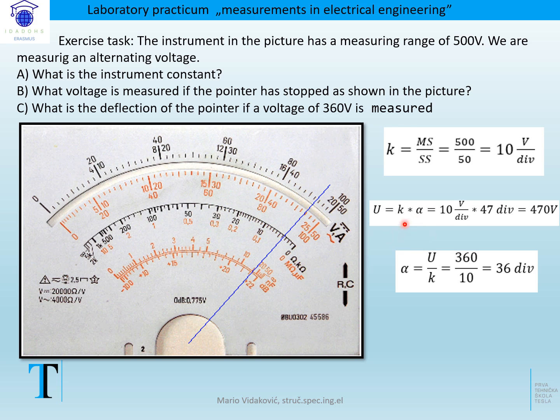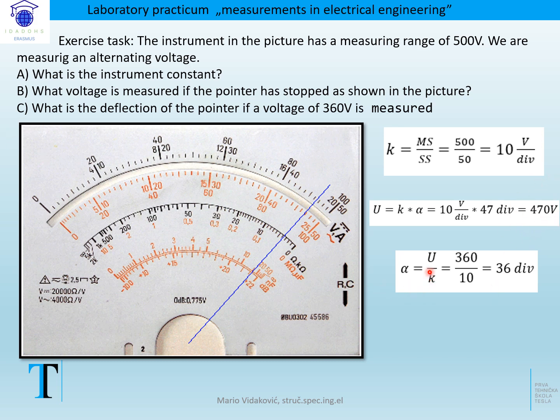U equals K multiplied with alpha, equals 10 multiplied with 47, because it's 10, 20, 30, 40, 1, 2, 3, 4, 5, 6, 7. It's 47 parts of the scale, that is the alpha, and it's 470 volts.